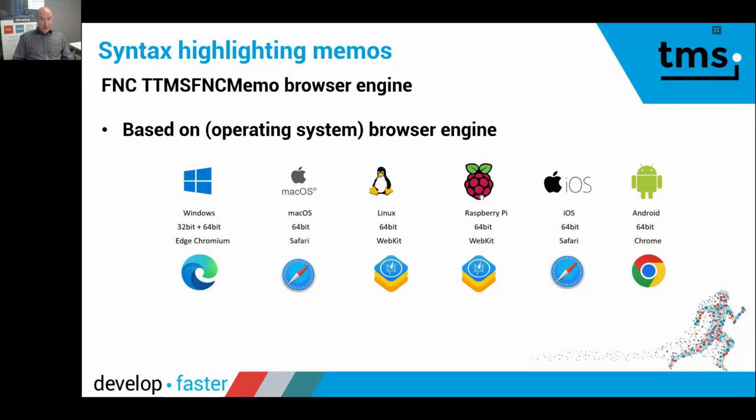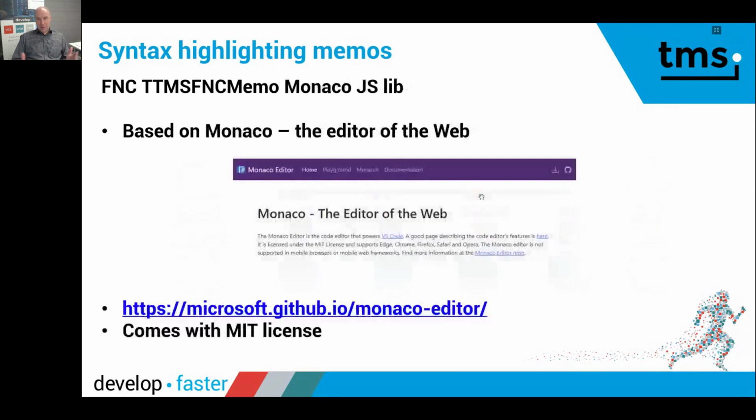It also works on a Raspberry Pi, where also the WebKit browser engine is used, and also for mobile devices, FNC memo can be used, where on iOS it uses the Safari engine, and on Android it uses the Chrome engine. As I mentioned, the JavaScript library that does all the work is the Monaco editor, and it's an open source JavaScript library.